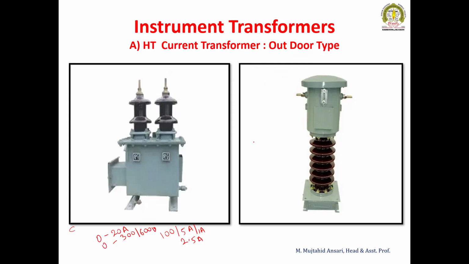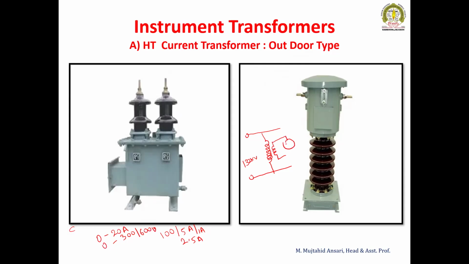Say this is the terminal where we are going to measure, a 132 kV line. In between, the transformer is connected, which has a large number of turns in the primary side and fewer turns in the secondary, so the voltage is stepped down, and here the voltmeter is connected.